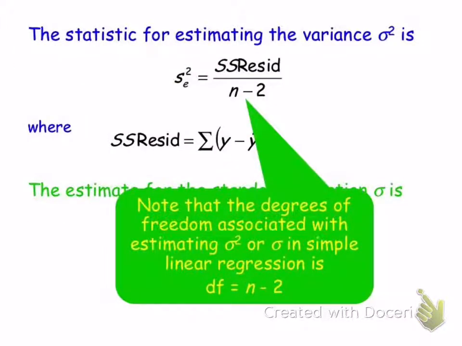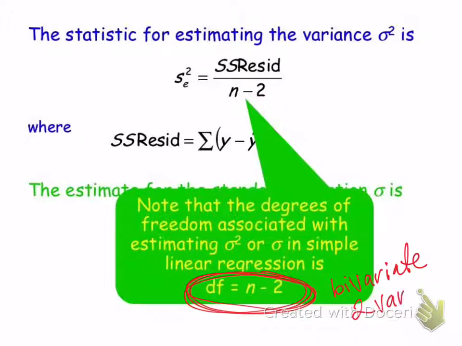So the degrees of freedom for this unit, it does not calculate it for you. You have to know. We are using n minus 2 now. Wait, why? That's such a good question. Because now we have bivariate data, 2 variables. We need 2 degrees of freedom. Do you remember me explaining what degrees of freedom for n minus 1 was like?